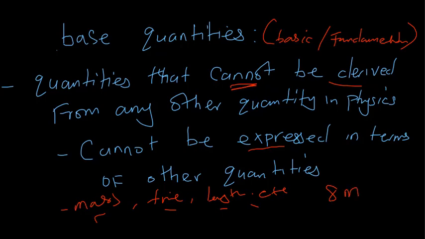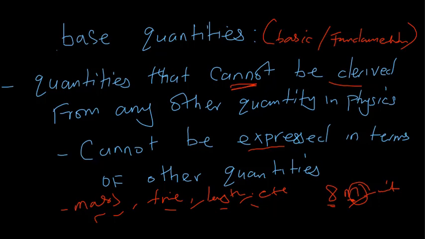This would be expressed as a numerical value, the size or magnitude of that measurement of length. And then this is what we refer to as the unit. So the representation of these base quantities will have the numerical value and the unit. In this video, we'll also look at the symbols of these physical quantities.